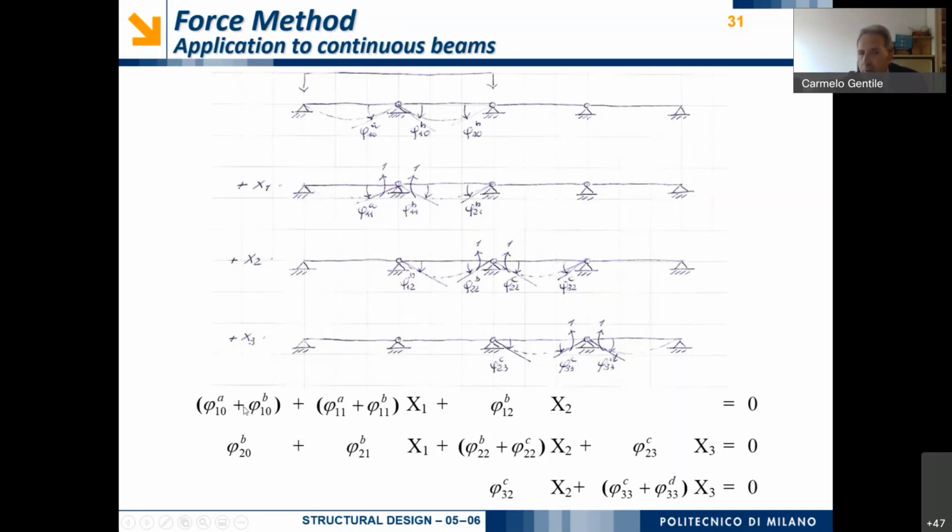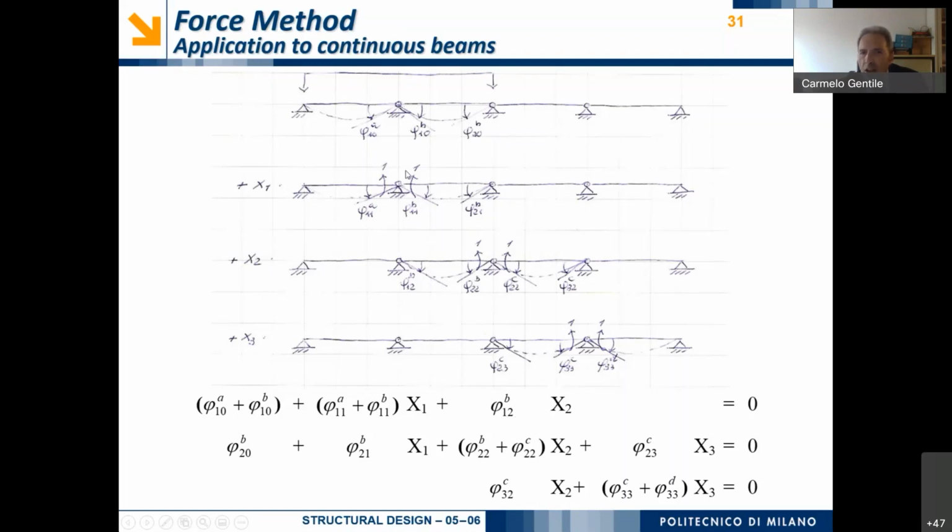To this first term, we have to sum up the effect of x1. And so this effect will be equal to x1 times phi11A plus phi11B. And finally, we will have the effect of x2 times phi12B.